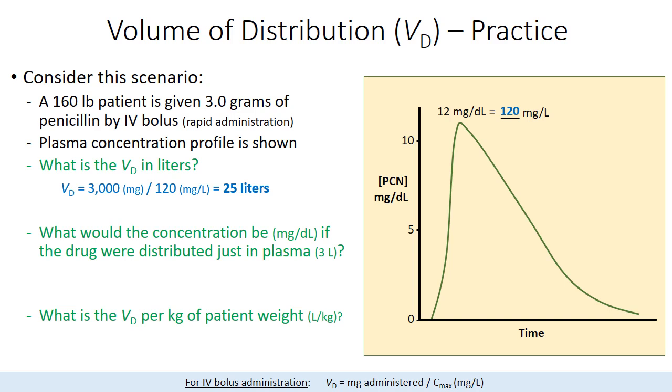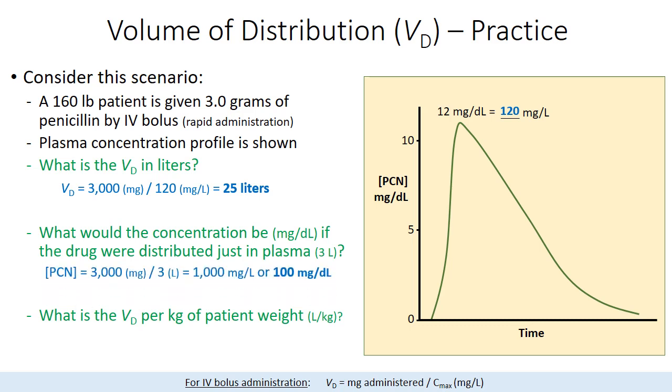What would the concentration be if the drug were distributed just in plasma? If we just had the drug going into plasma, nowhere else, we already know the dose, and I'm giving you the volume of the plasma. So you would take the dose divided by the volume of plasma. It's a simple division.